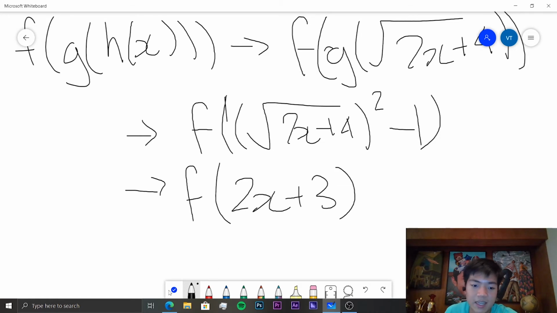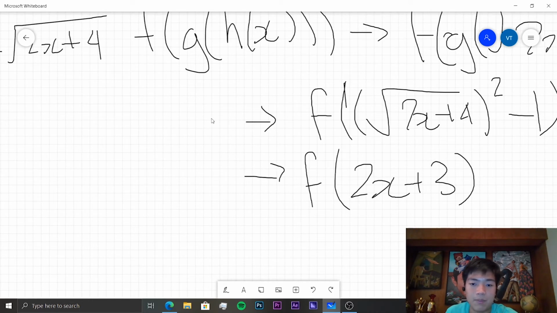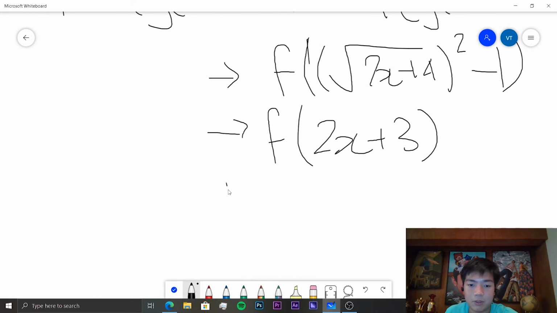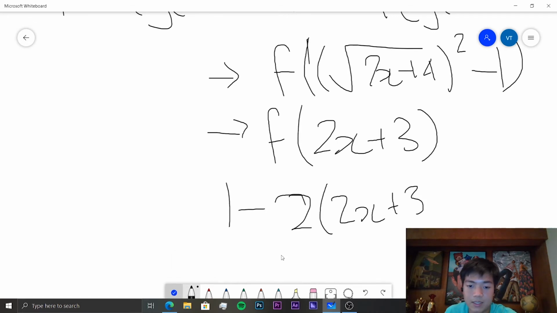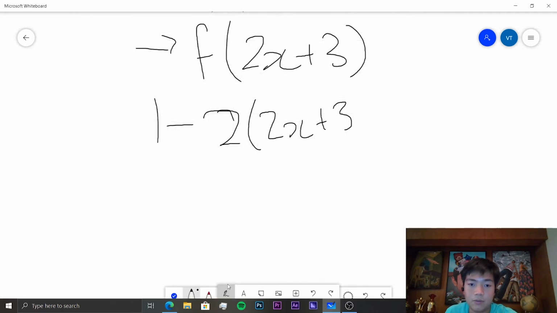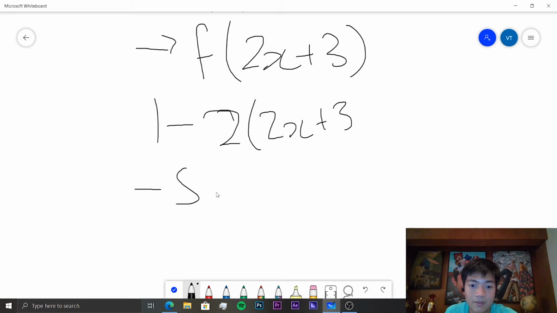And since f of x is equal to 1 minus 2x, this is simply equal to 1 minus 2 times 2x plus 3. In other words, it's equal to negative 5 minus 4x. That's it.